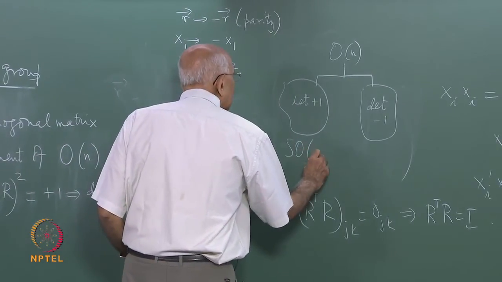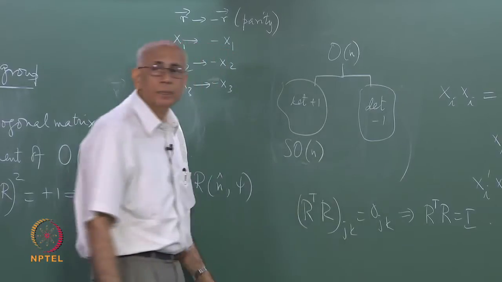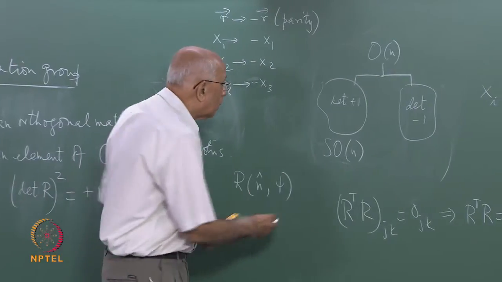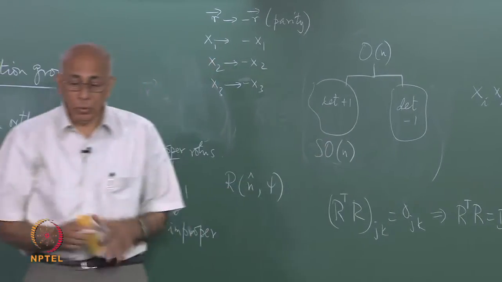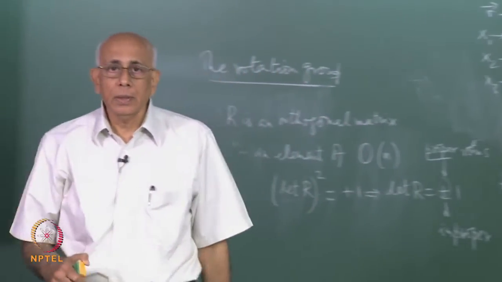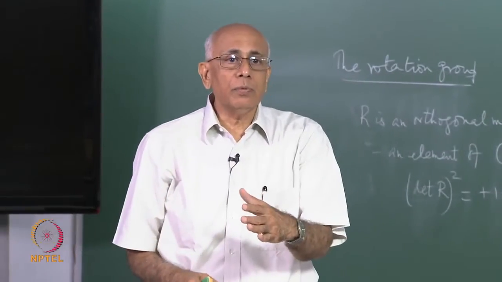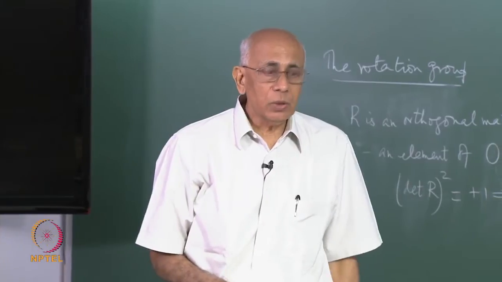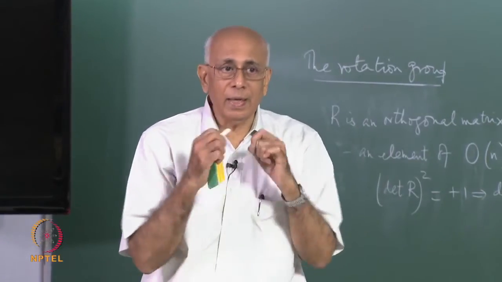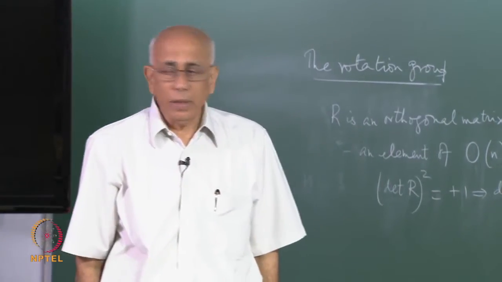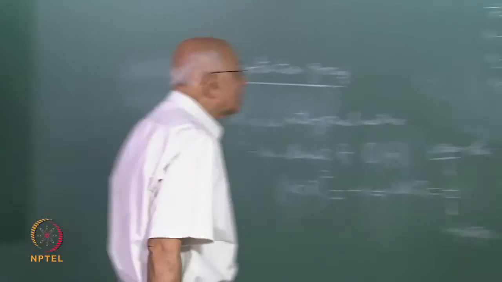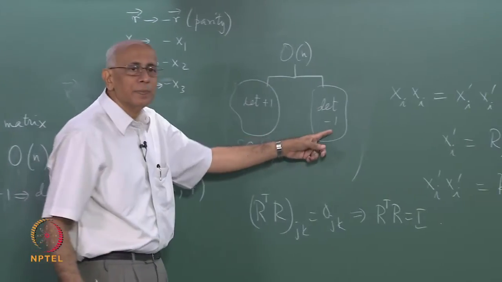So this is SON, this S stands for determinant +1 or special or unimodular, and the product of any 2 of them will still have determinant +1, so they form a group, and there is an identity element in there. On the other hand, this set does not form a group, okay.